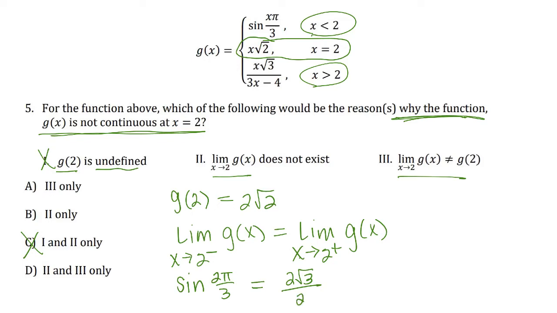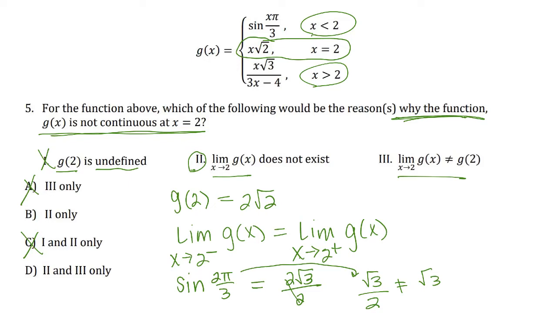So let's see, that's going to give me the sine of 2 pi over 3. That value is the square root of 3 over 2. And that's definitely, on this one, those 2's are going to cancel, and that's not equal to the square root of 3. So I see this limit, those from the left and right do not equal each other. So that definitely is a possibility. So we've gotten rid of that, but we still don't know about 3.